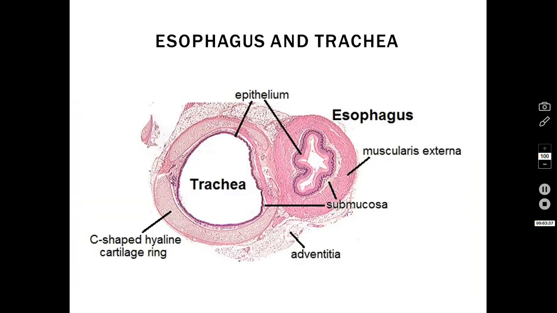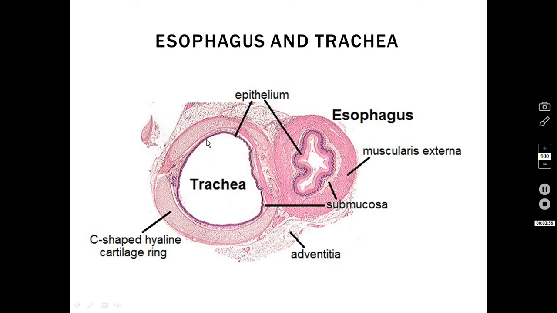One of the other tissue slides that y'all looked at was a cross-section through the esophagus and the trachea. So here is the trachea, which is part of the respiratory system. Here is the esophagus, which is part of our digestive system. So they both have epithelium.